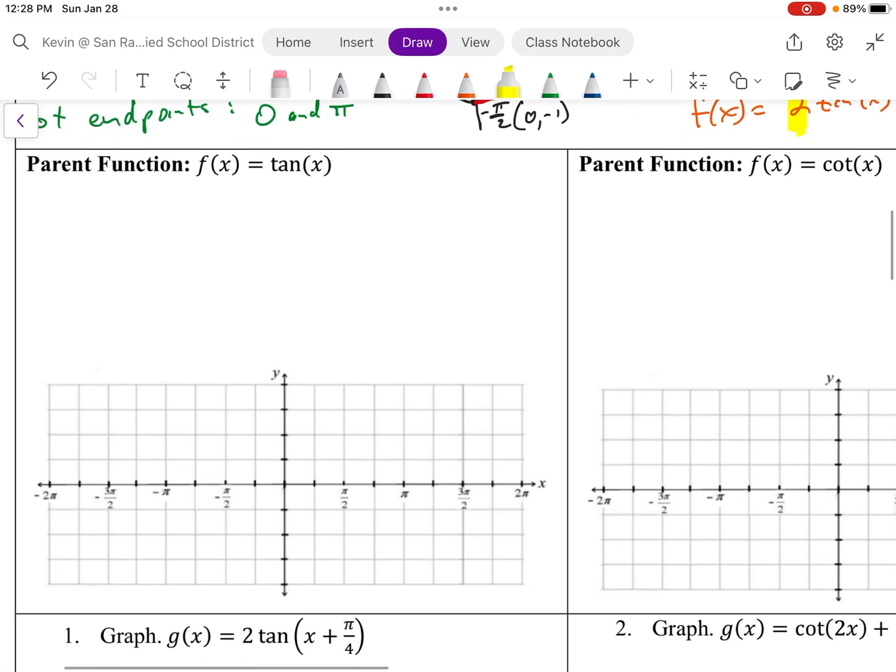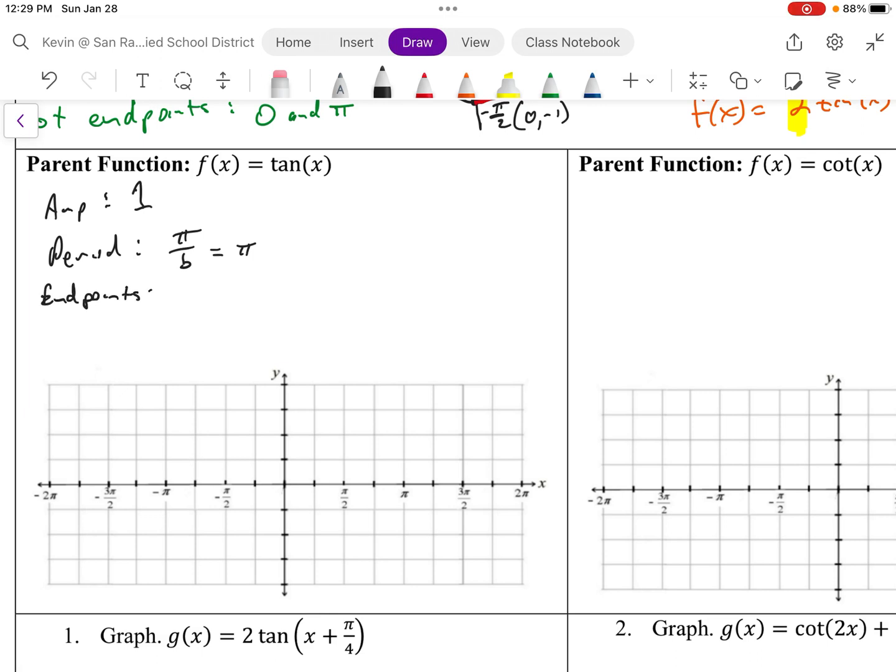So let's go with the parent function of tangent. The amplitude of the parent is going to be 1. The period is going to be pi over b, and in this case, it's just pi.